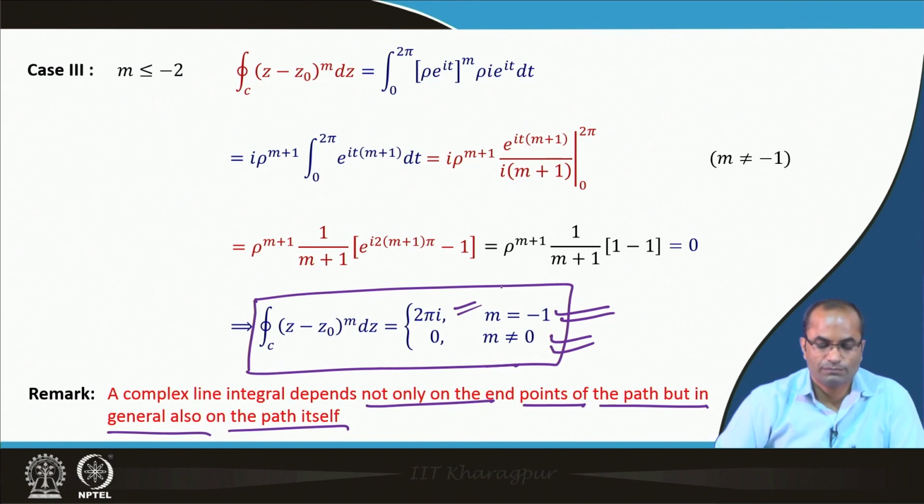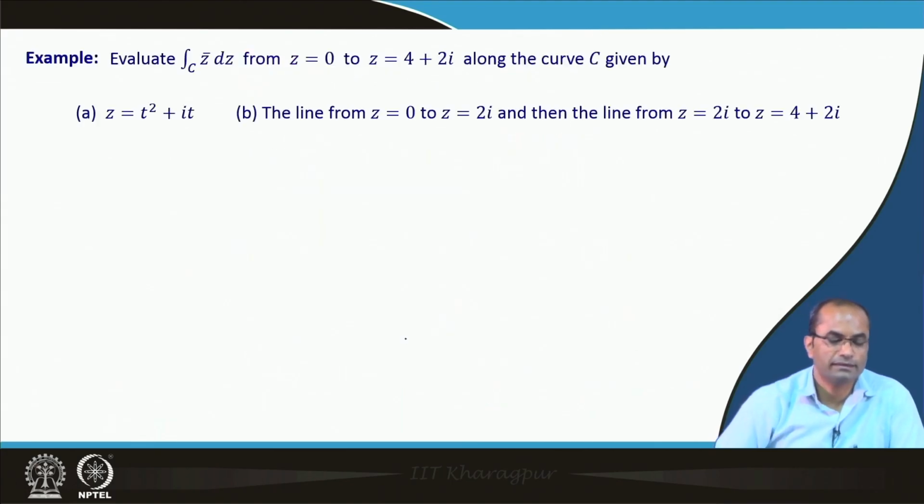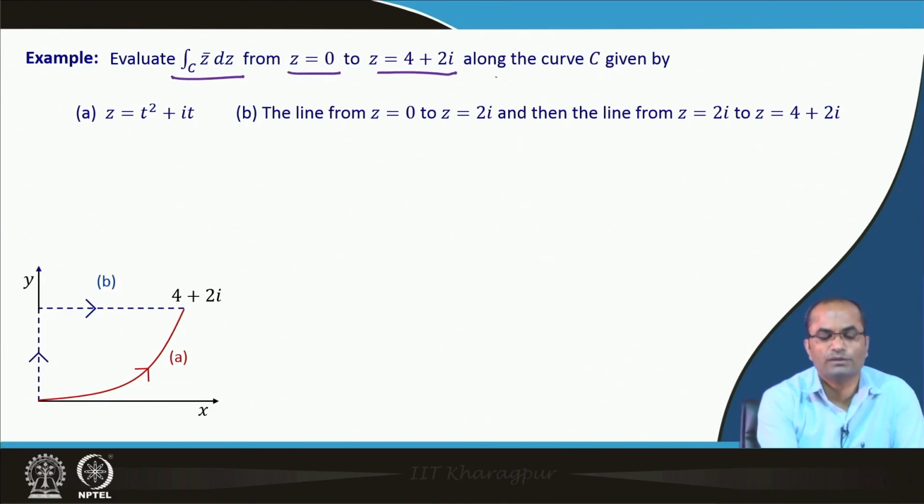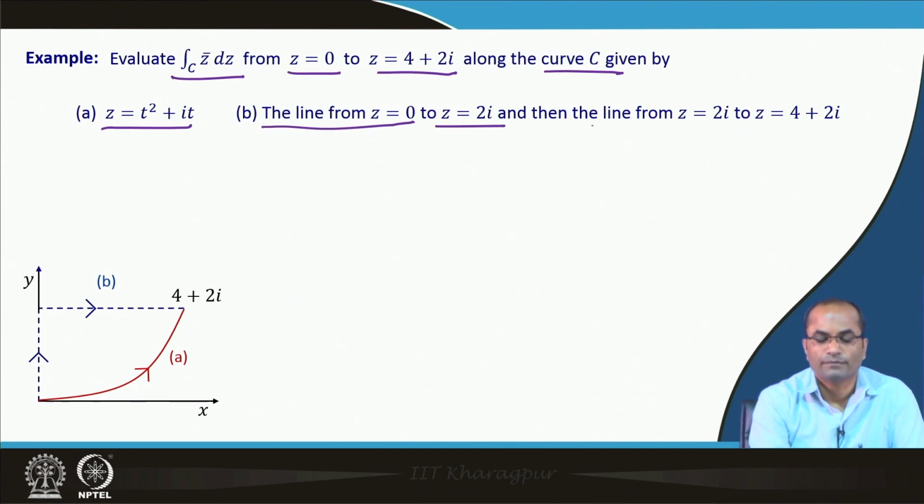So, it does not just depend on the end points, but it also depends on the path as well, which we will observe again in the next example, that this evaluation of z conjugate is done from z equal to 0 to 4 plus 2 I along the curve C, which is given by this parabolic curve z equal to t square plus I t, and in the second case we will take z equal to 0 to z equal to 2 I, and then from 2 I to 4 plus 2 I.